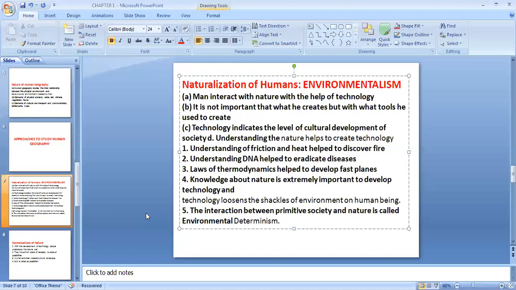It depends upon the environment. So the environment is playing a very important role here. The environment is active and is determining what we will do. Whatever activities we are doing on the surface of the earth, maximum activities are according to that.